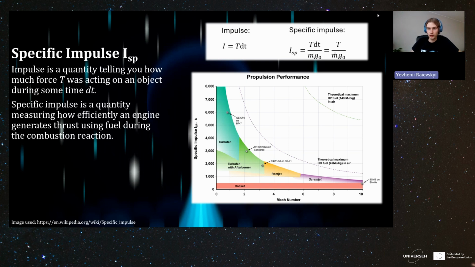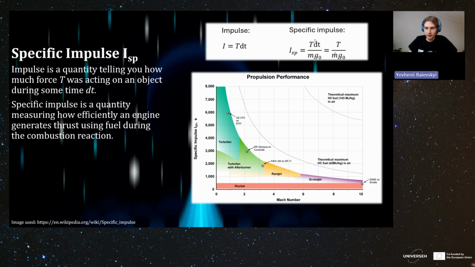And this is a quantity telling you how efficient those engines are. Because if we burn some amount of propellant in the combustion chamber and generate some thrust from this, you can compare how much thrust you generated from, for example, 1 kilogram of propellant. So if the generated thrust is huge, then specific impulse is also huge, because the efficiency of this engine is very high.